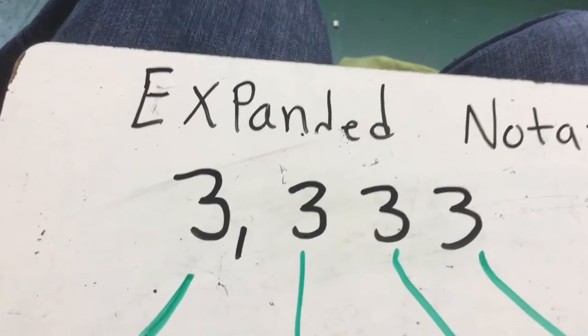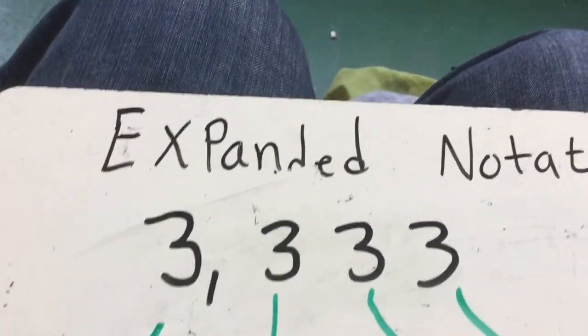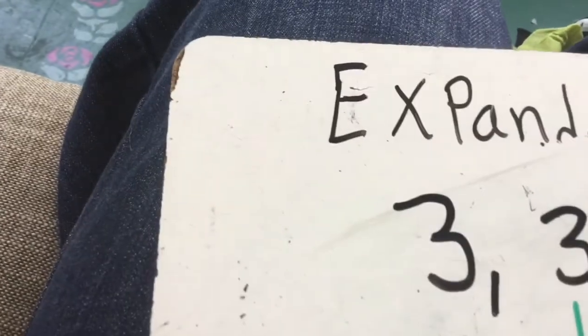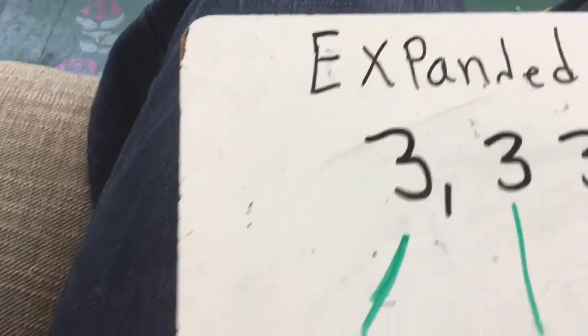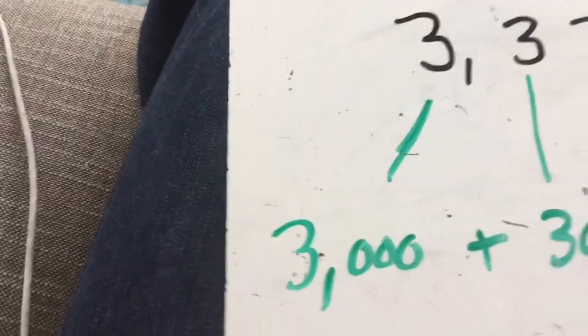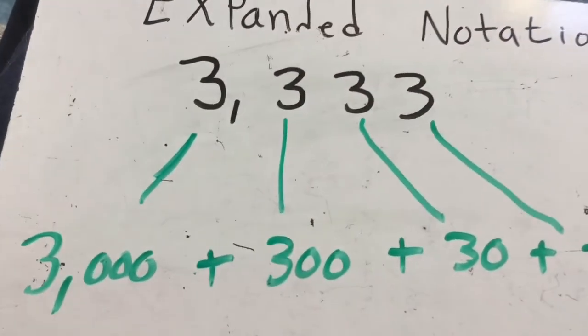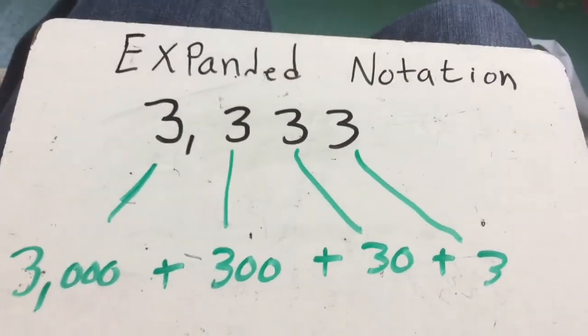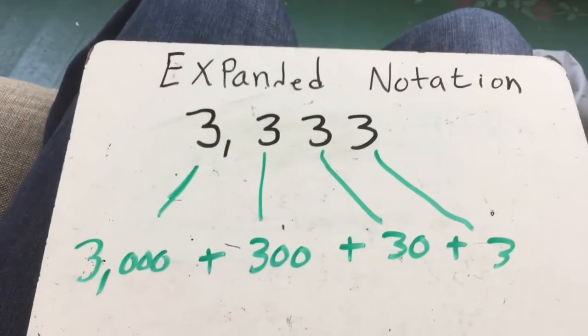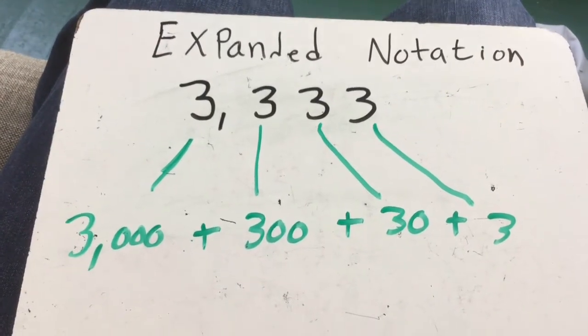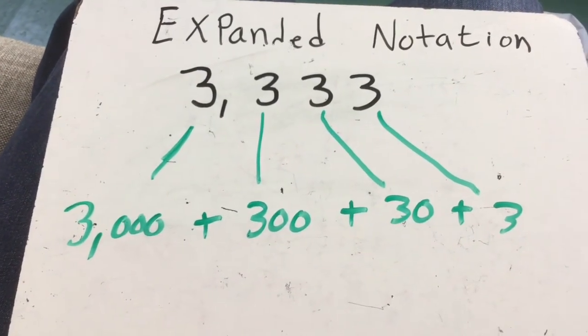They all have a place and a value. So that first three, as you know, in the thousands place is going to be, that's right, 3,000 plus 300 plus 30 plus 3. Take it apart, make it longer, expand it.